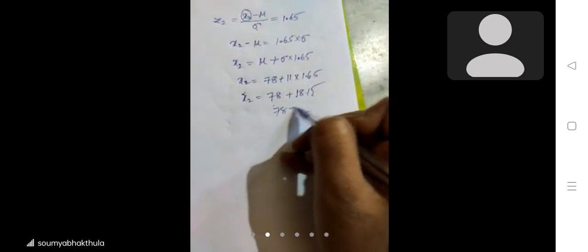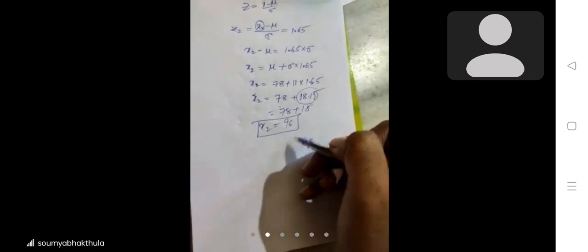Why don't you answer me? Okay, so 78 plus 18.15 is 96.15. I'm taking directly 18, and this will be 96. So you got the answer for x2, right?